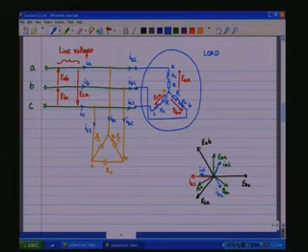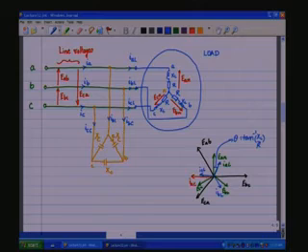So, this is lagging by an angle theta, which is given by tan inverse of XL by R. So, depending upon the load, the theta angle here is going to be different.